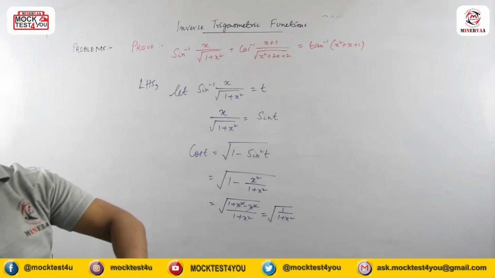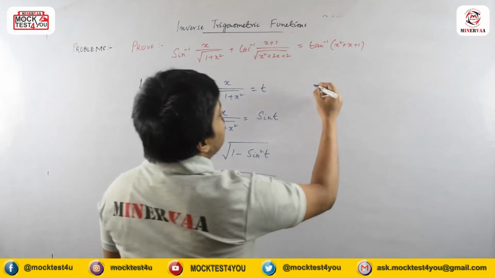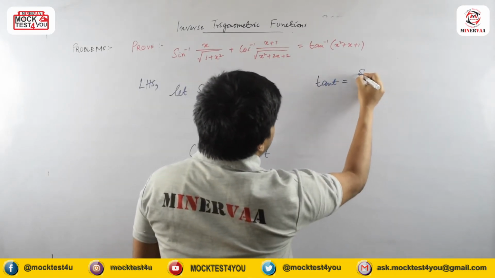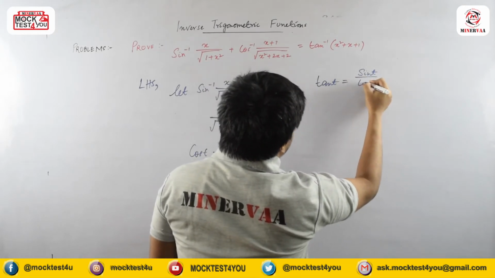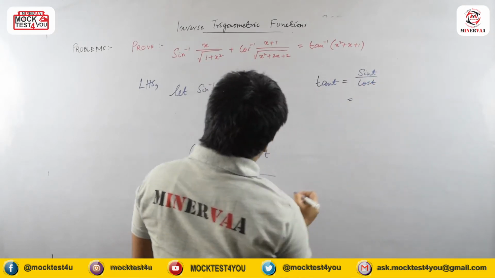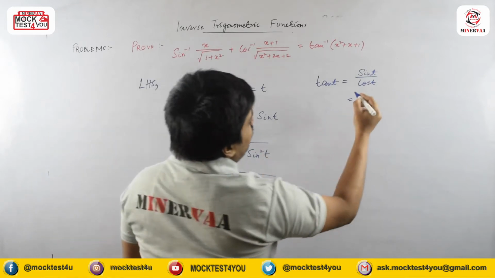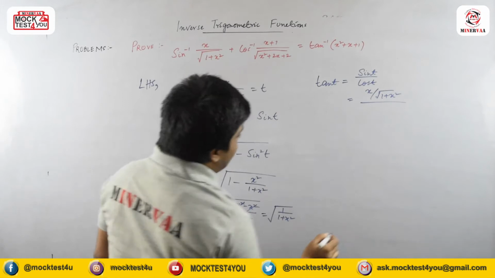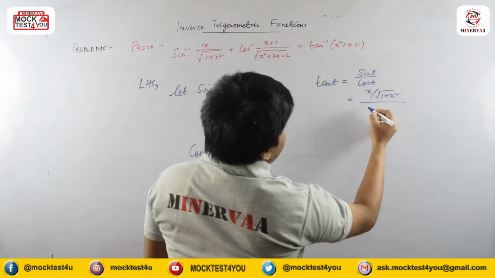So my main motive was to find tan t. So tan t is equal to what? The tan t we have got is equal to sine t by cos t. And that is nothing but x by root over 1 plus x square divided by 1 by root over 1 plus x square.